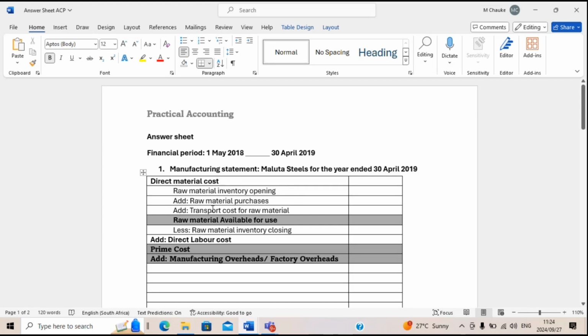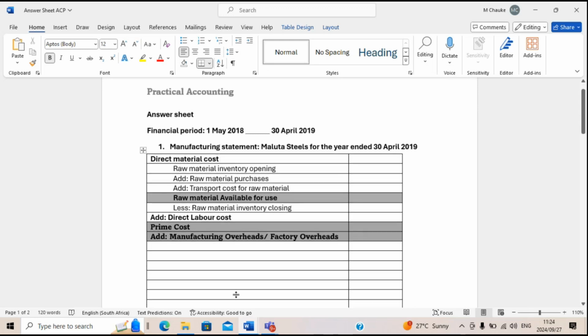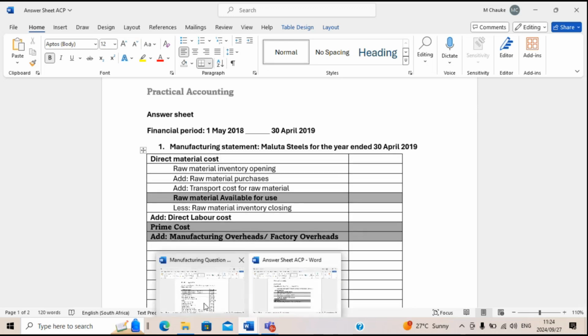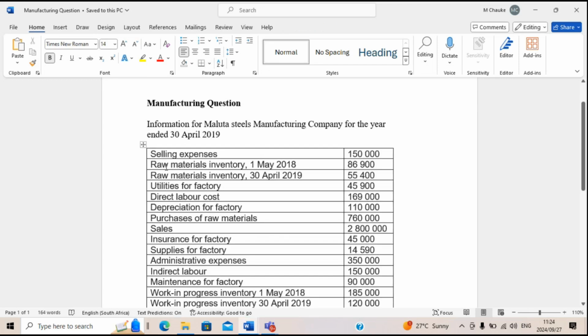So now let's go to the question and quickly calculate the direct material cost, right? If you check under this information, there we go, we've got raw material inventory opening, right? Opening, because the date is 1 May 2018, which is the opening date of the business for the financial period.